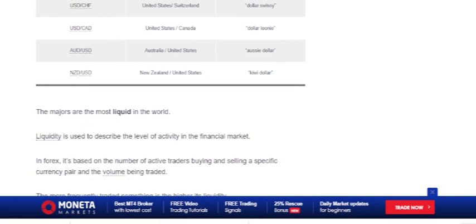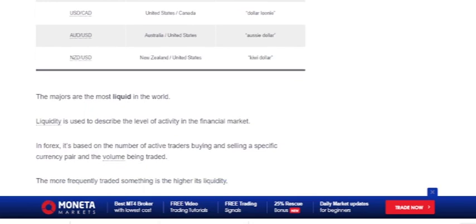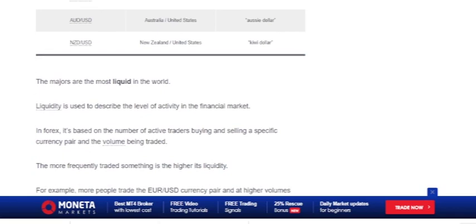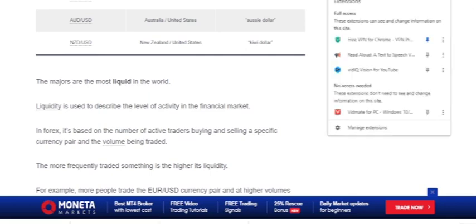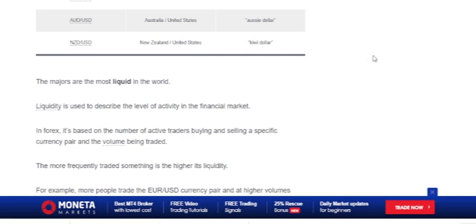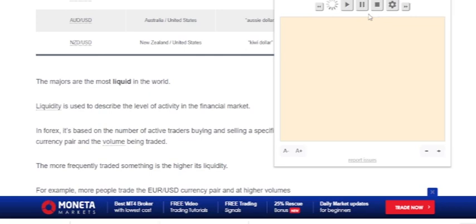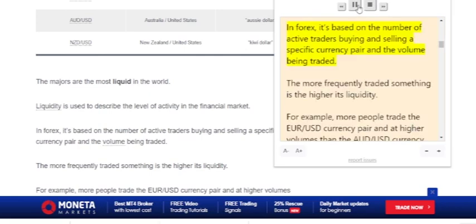The majors are the most liquid in the world. Liquidity is used to describe the level of activity in the financial market. As for me, I normally call it volatility in Forex. When the market is volatile, it is the same as liquidity, because the markets are moving.